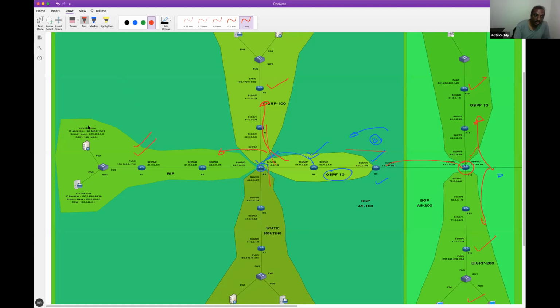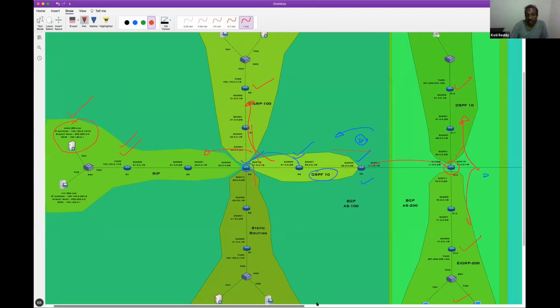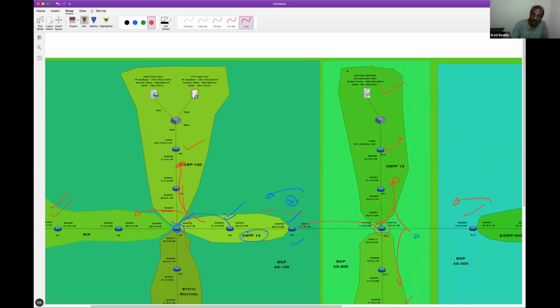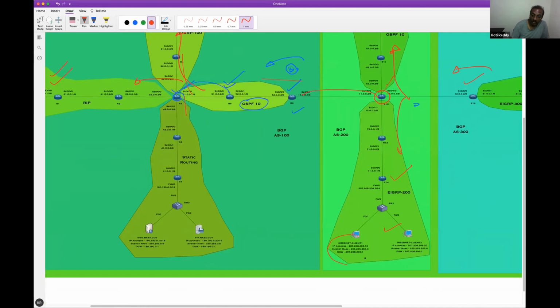So I go to, say, this particular system here, 130.140.0.10, present in ISP 1. I should also be able to ping the systems in ISP 2, which is 201.202.203.10, also 207.208.209.10.